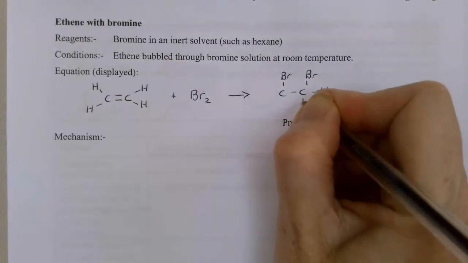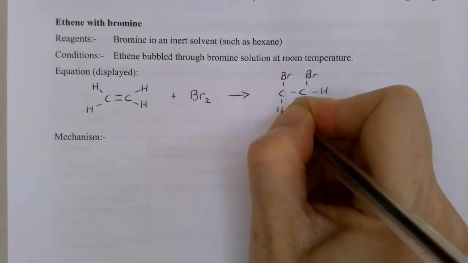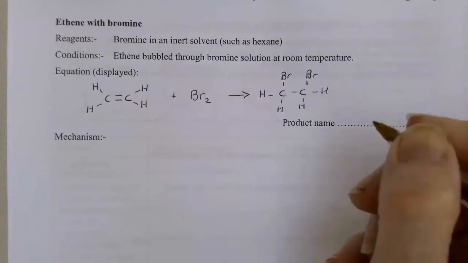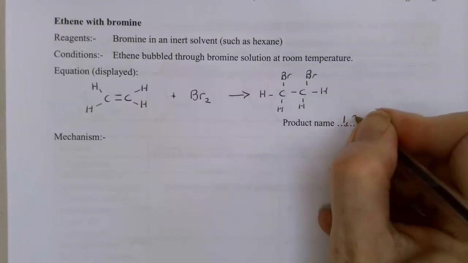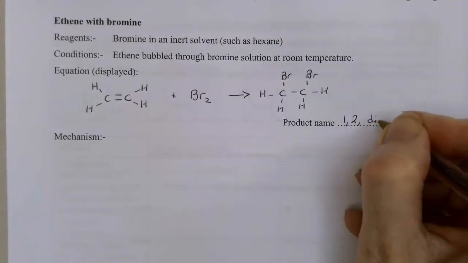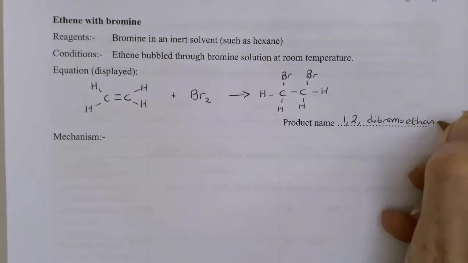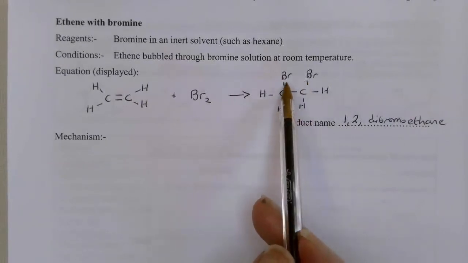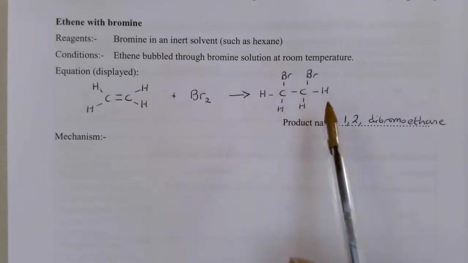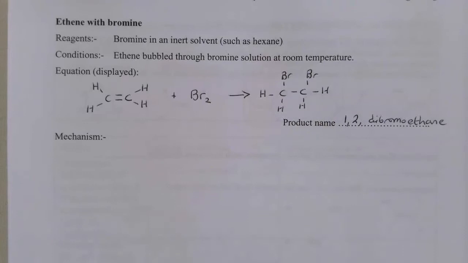The double bond opens up and I get bromine on each of the carbons. So my product name is 1,2-dibromoethane. Notice the bromines go on each of the carbons. I can't get both the bromines on one carbon because I have to add across the double bond.